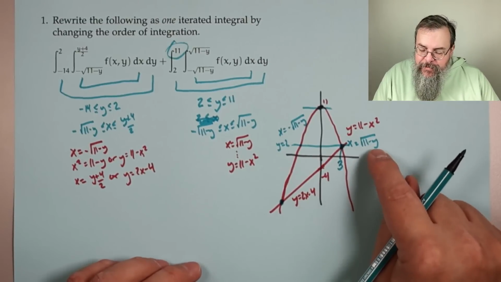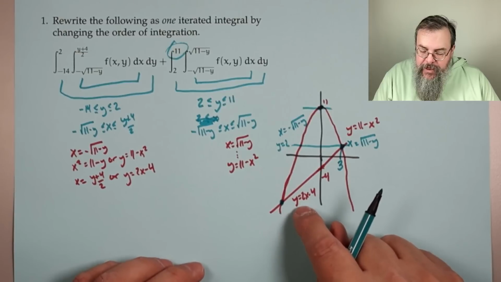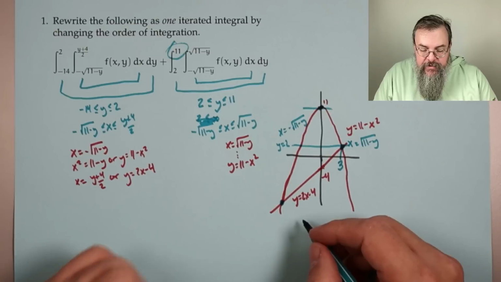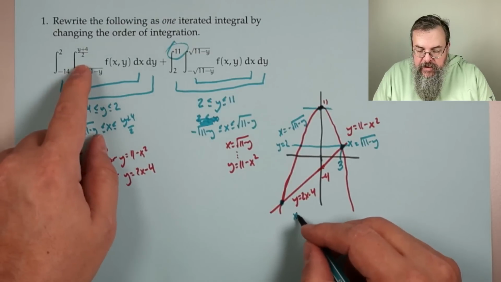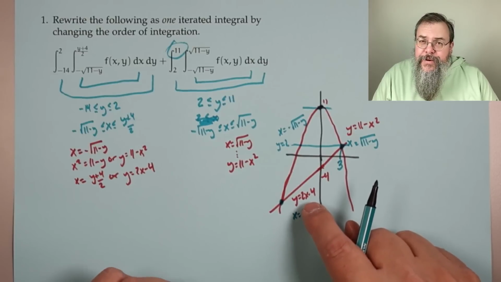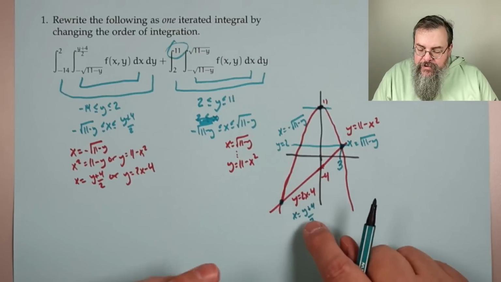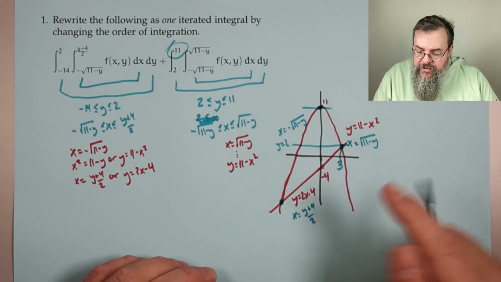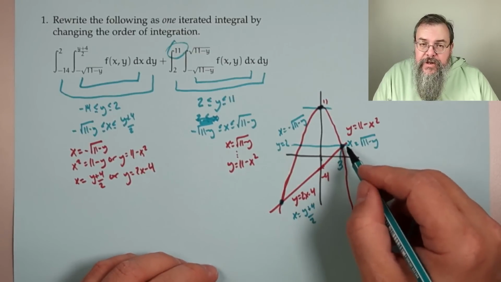So when I put y equals 2, remember this is the curve x equals y plus 4 over 2. So I was trying to put x equals 2. No, it's y equals 2. So 2 plus 4 over 2 is 3. So actually that's right. They do intersect here.